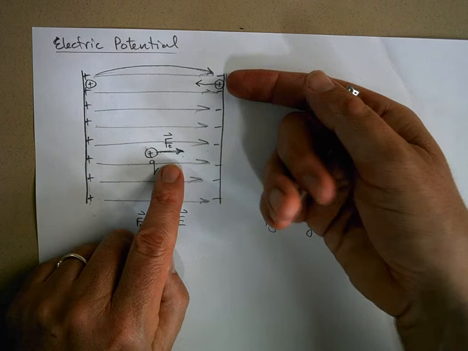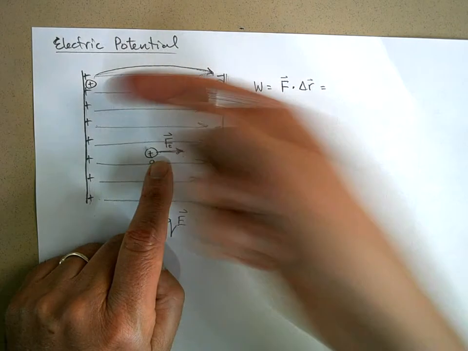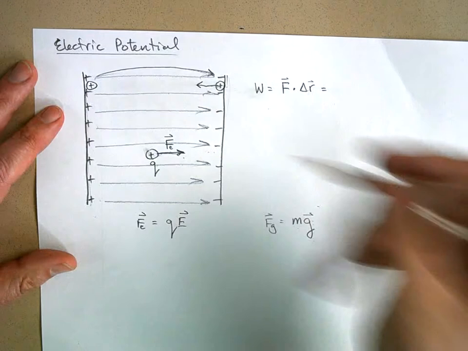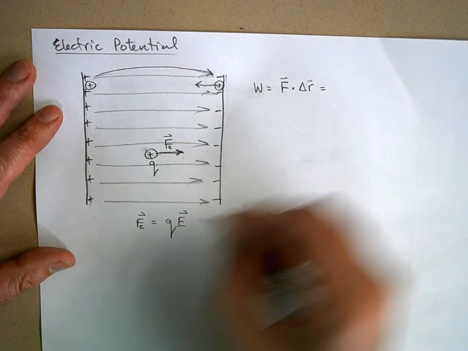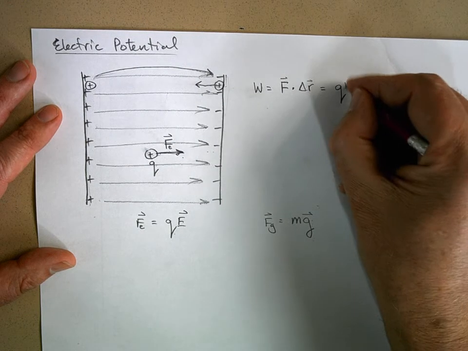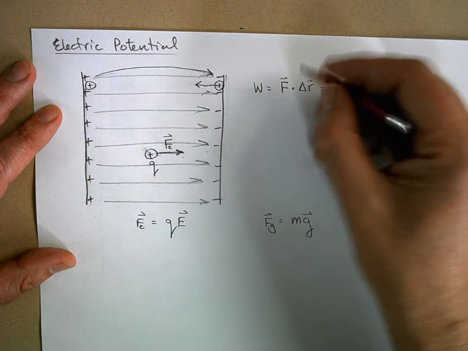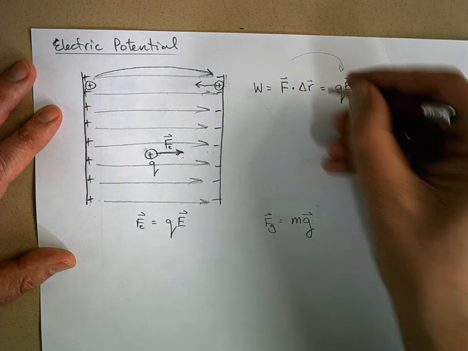In fact, at constant velocity it's exactly equal but in the opposite direction. So the force I'm applying is to the left, and it's equal to Q times E.